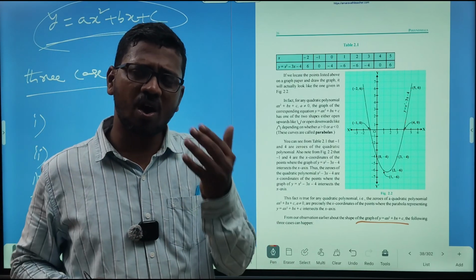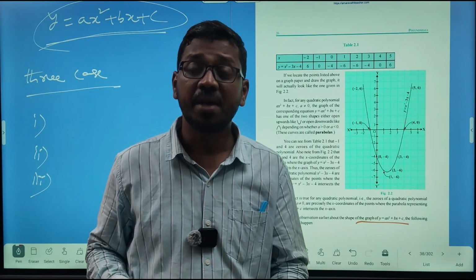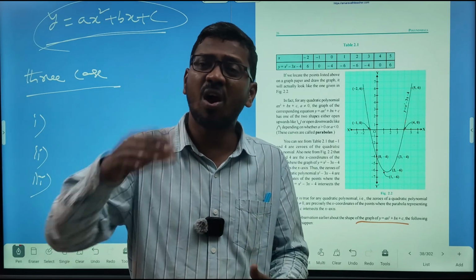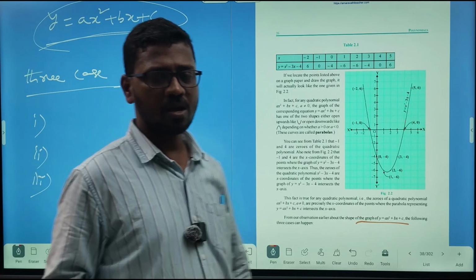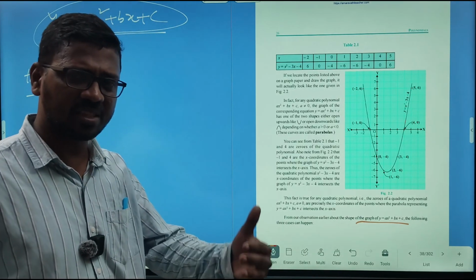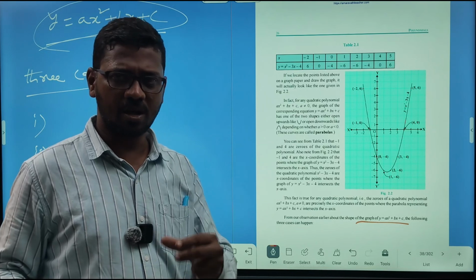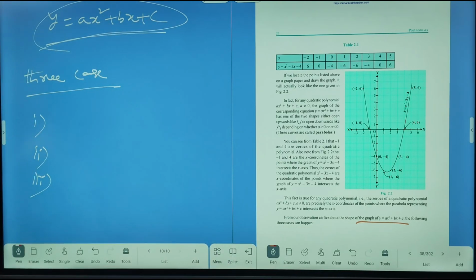So the x value will be 0 or any other real number. That real number is the zero of the polynomial for which we drew the graph. If the graph touches or intersects the x-axis, that is the point of the zero. That is the zero of the polynomial.